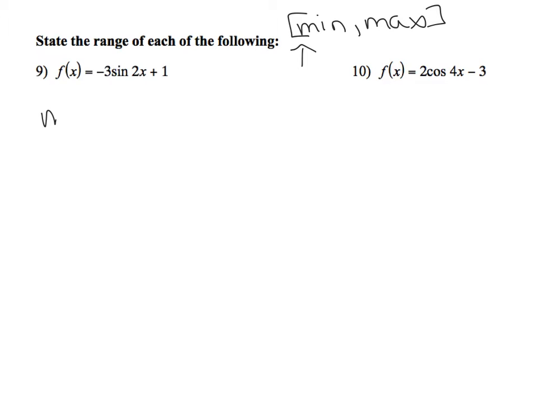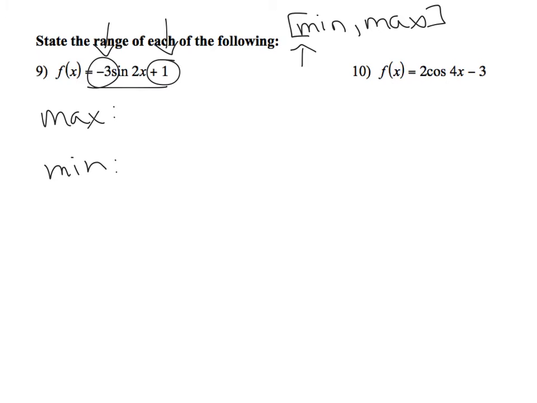So if I could just find my max and my min, we're good. Now you could graph these, but you don't have to. So if we look here, the two things that affect the range are the A and the D. They're the only two things that affect range because they're the vertical movement.